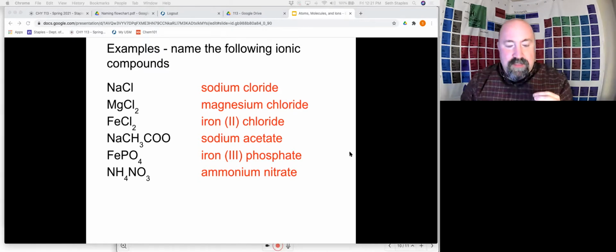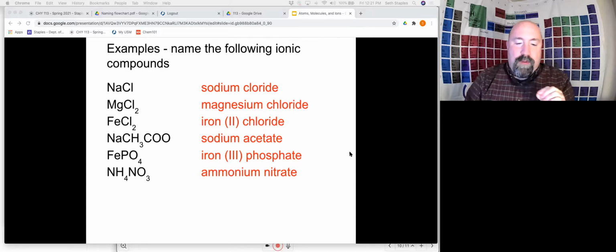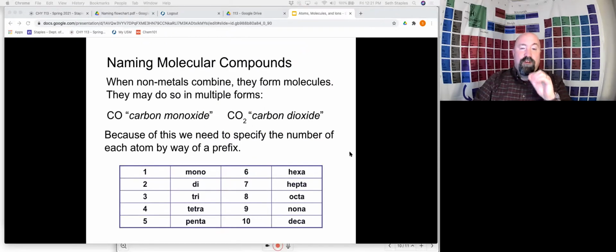And so those are all the rules for how we go about naming ionic compounds. We have a totally different set of rules now for naming molecular compounds, for naming compounds when non-metals come together.